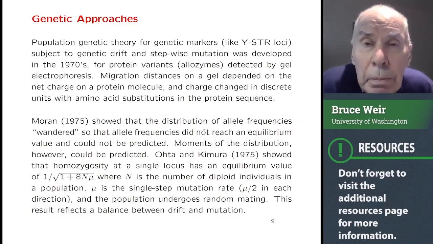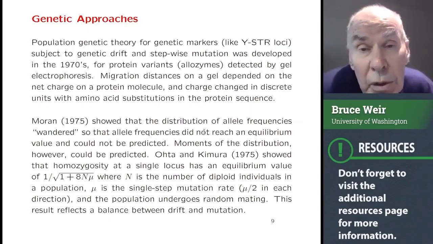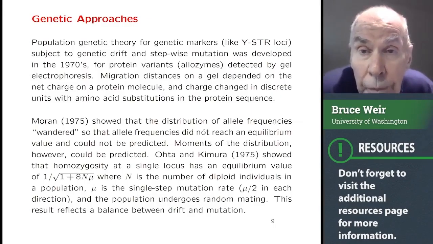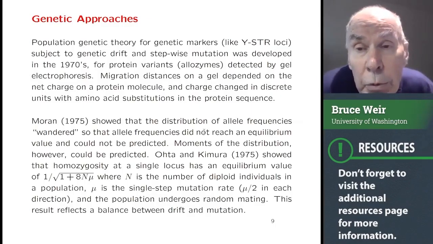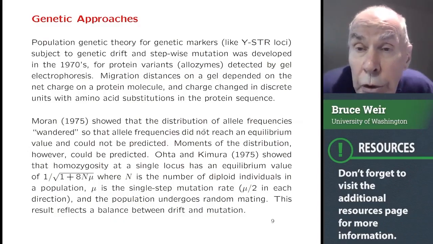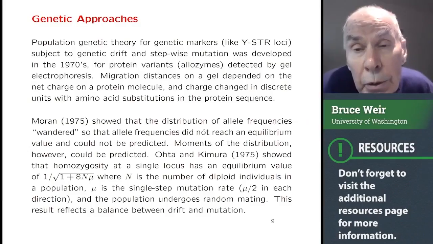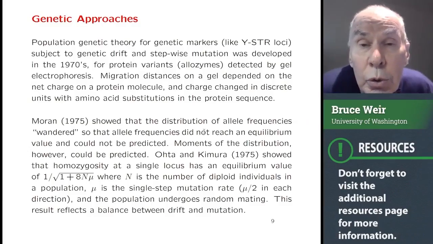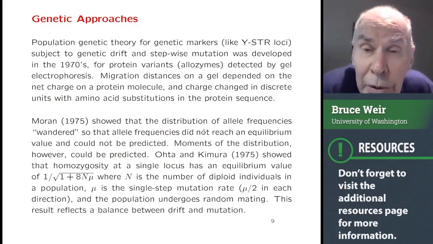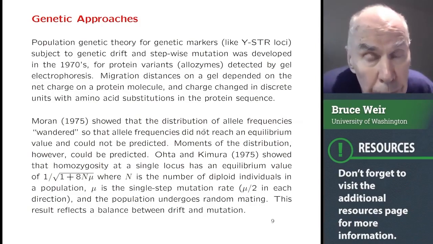And it was the same theory that was developed and discussed back in the 1970s for protein variants. At that time, electrophoresis was still used, but it was on a gel, and the molecules moved across the gel according to their charge, not their size. So a single amino acid change could cause the net charge on the protein sequence to change by +or-1, or maybe +or-2.